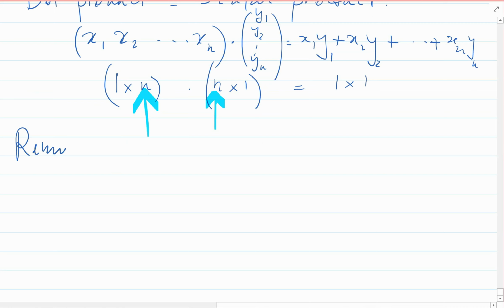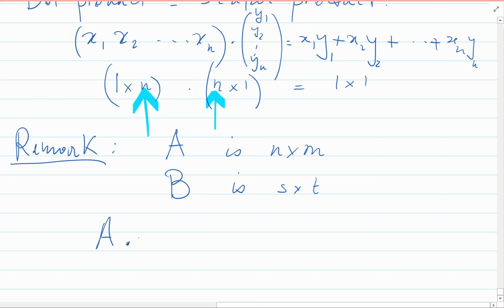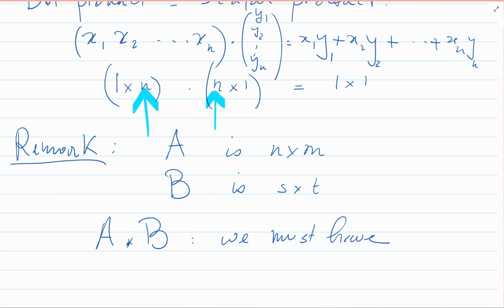If A is n by m, and B is s by t, these are the sizes, then in order for us to perform A times B, we must have the number of columns of A equal the number of rows of B, otherwise it doesn't work.